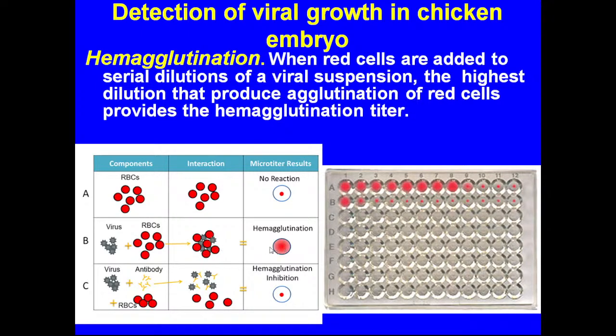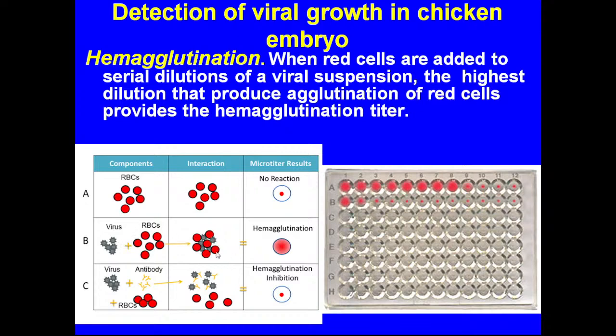Then it will be seen in 96-well plastic plates as a net or umbrella formation. So that is called hemagglutination. And the presence of hemagglutination will indicate that the virus is in the allantoic fluid.